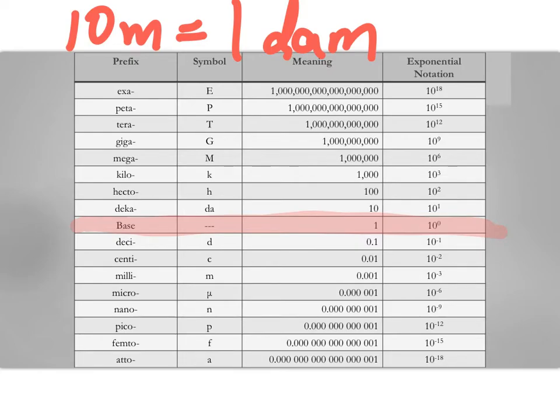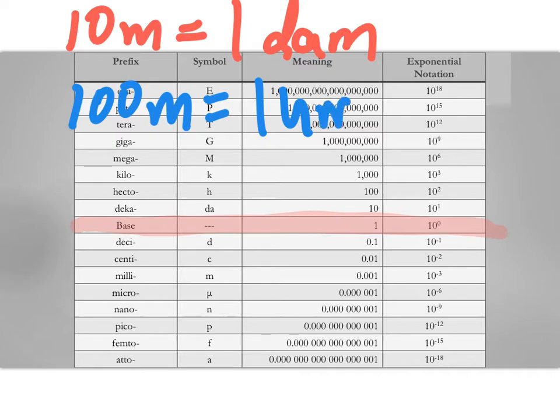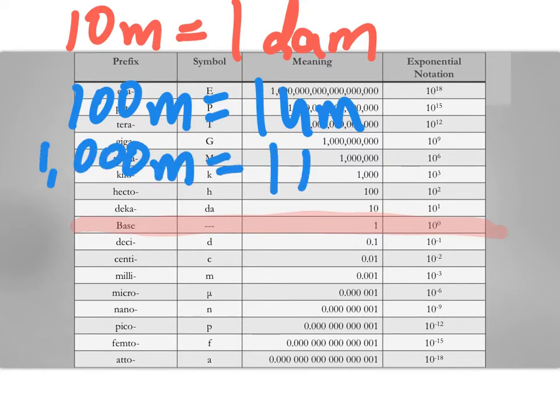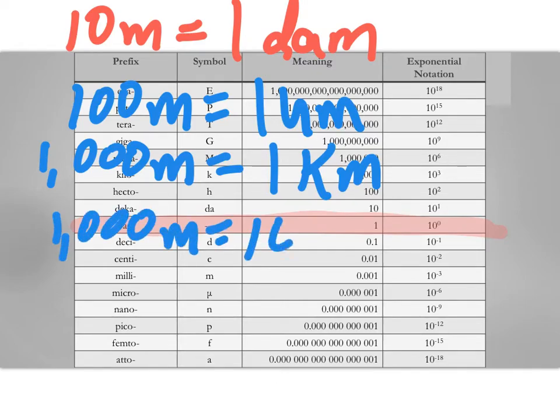Or you might have 100 meters, and you could shorten that to 1 hectometer, hm, and so on and so forth. So 1,000 meters is 1 kilometer. You could also say 1,000 meters is equal to 10 to the third meters, and there you get your exponential notation.